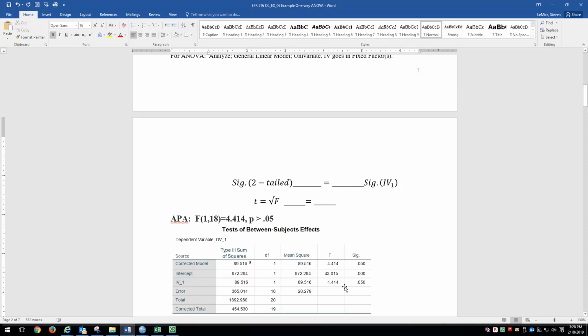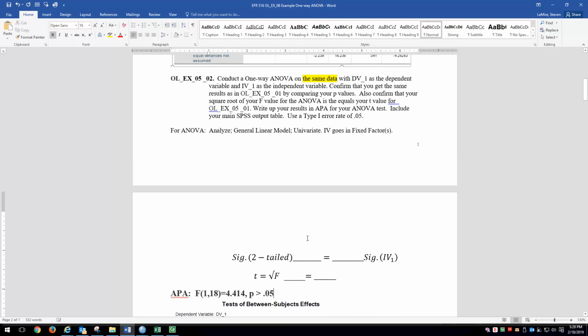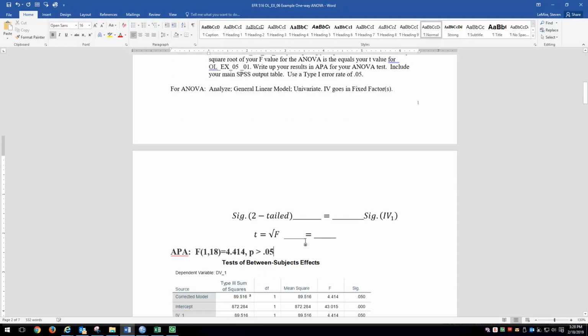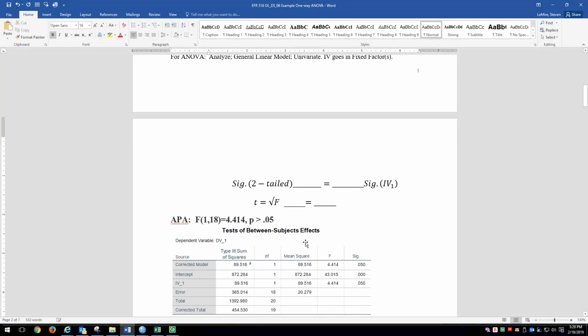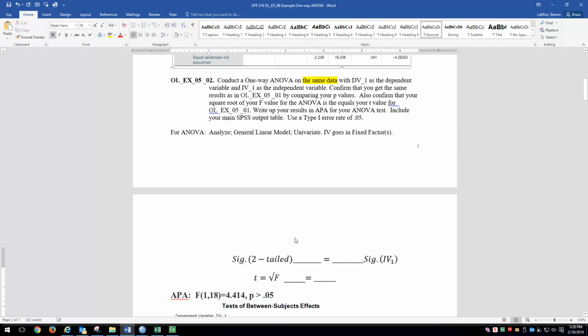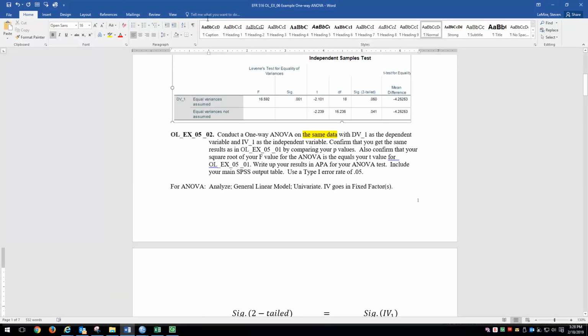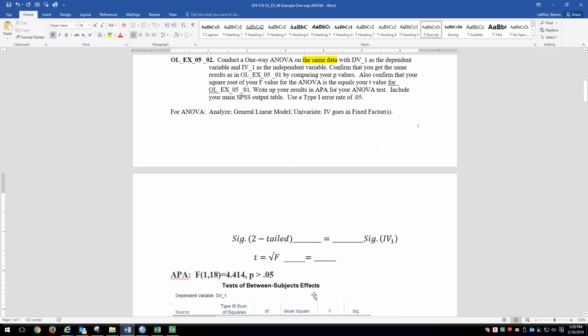Now I have a couple other questions here because the t-test is a special case of the ANOVA analysis where you have two groups. And what we're going to notice here is our p-value was 0.05, sig two-tailed.